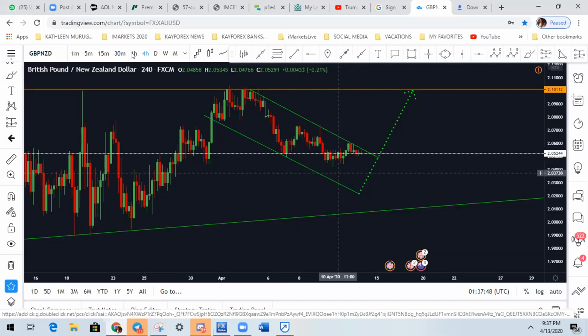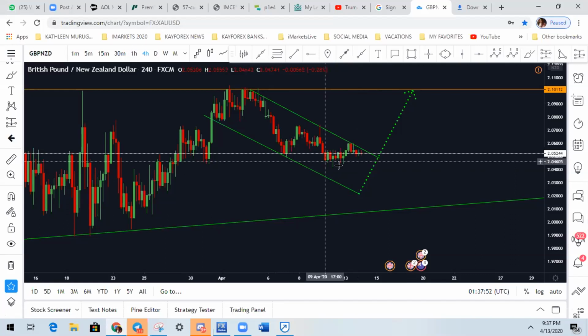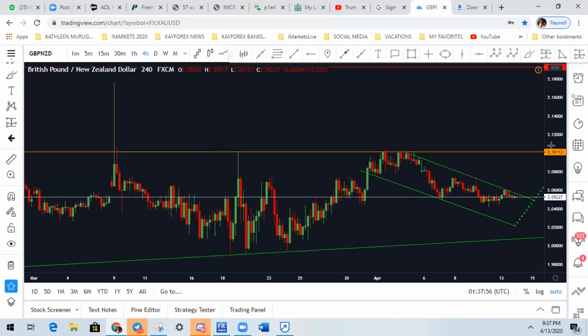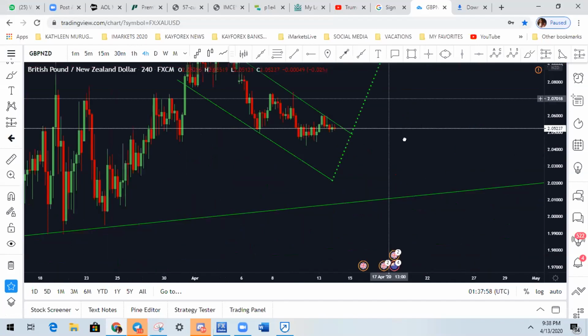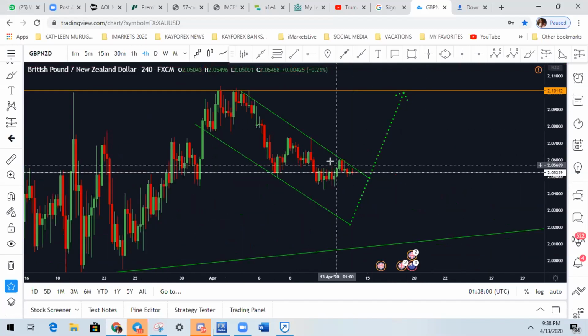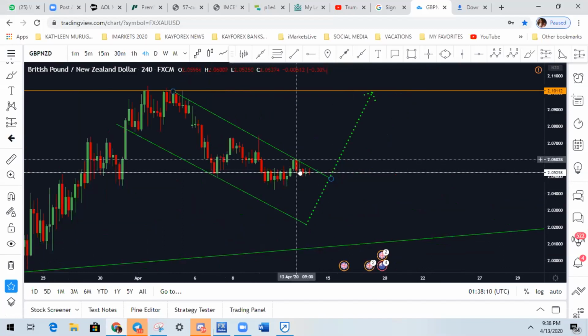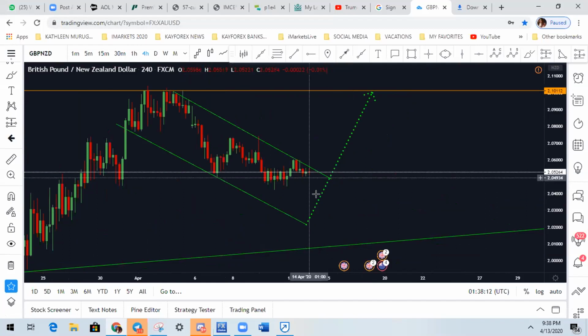So on the 4-hour, price is on a correction here. And even if you look at the candles inside, it looks like this is an engulfing candle here, and the price is just kind of correcting.